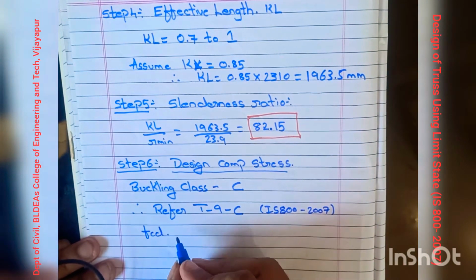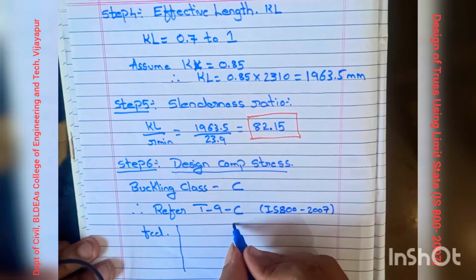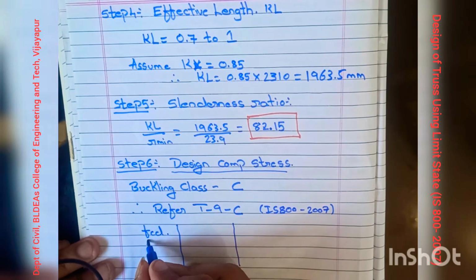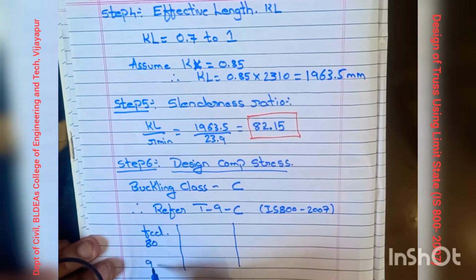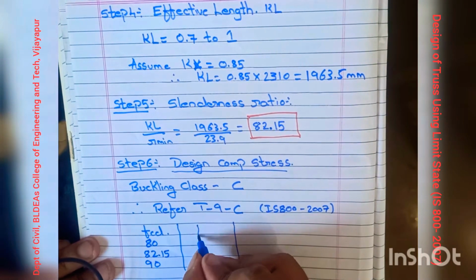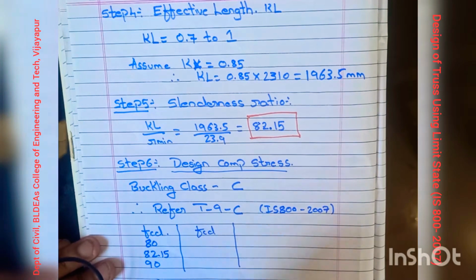In the table you can just have a look over it. We have got the values for 80 and 90, and we need the value for 82.15. So the values of FCD are given.